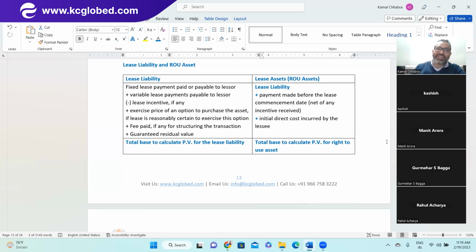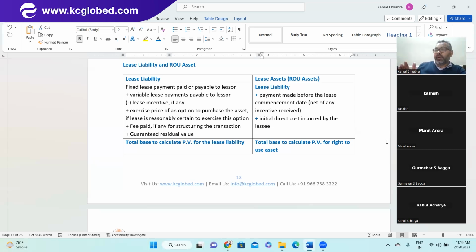Yes, this is variable. Do you remember the example of the car lease we discussed based on the miles? If you are running 1,000 miles in a month, then the lease rent is $500.